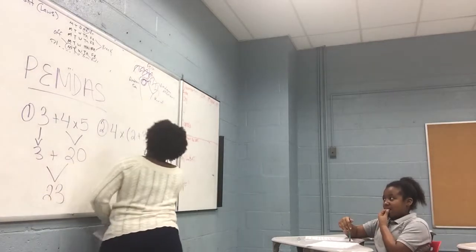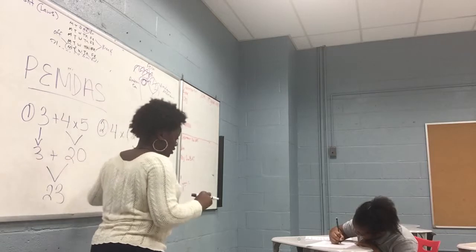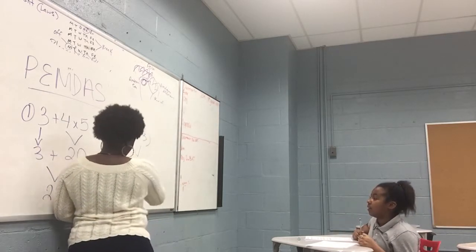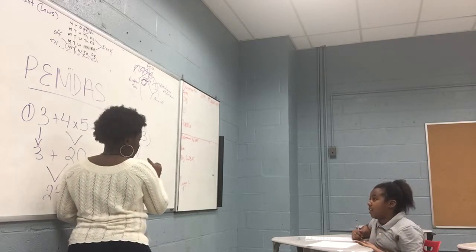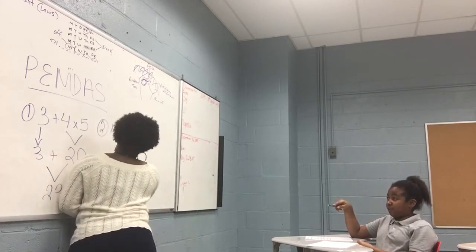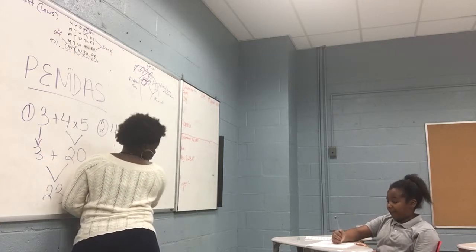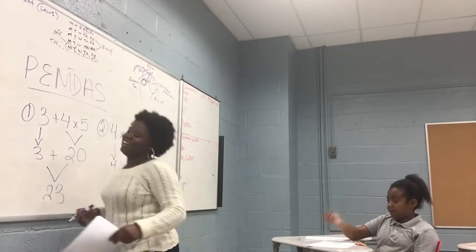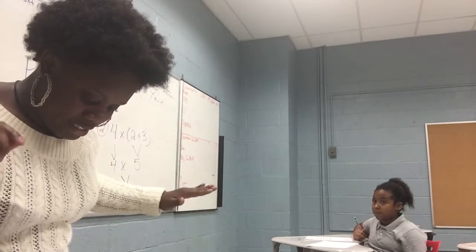So 2 plus 3 is 5. Then what next? I see no exponent, so I go to the next letter, which is M, multiply. Bring this down, so 4 times 5, which gives you 20. Right now you've figured out a few things that you've understood.